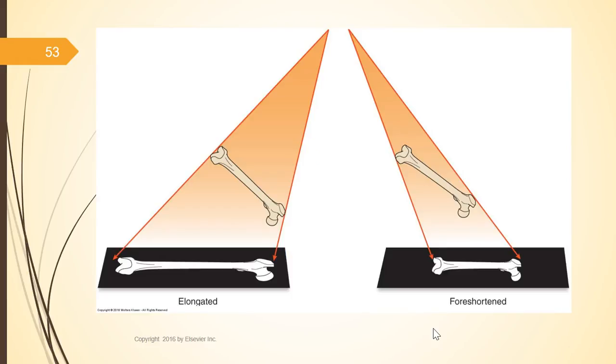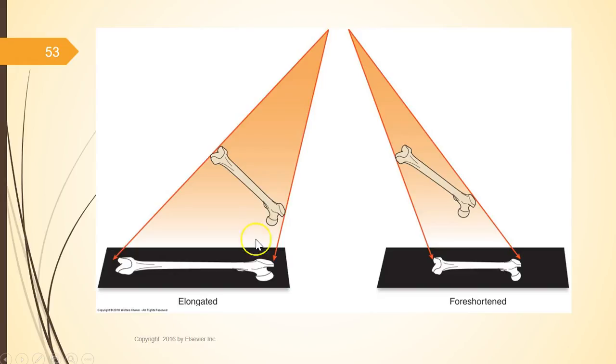This is an image, so you're trying to take a femur right here, and yeah, it's not by itself, it's within a body part. So if a femur is here, and it's the same on both of these examples, but on this one we've angled our tube this way.